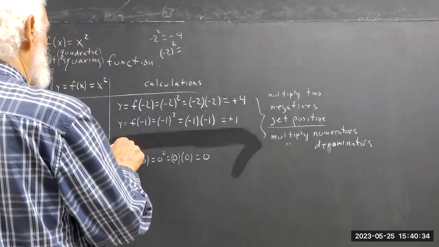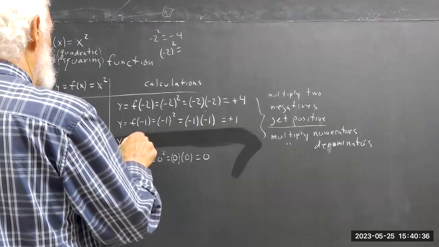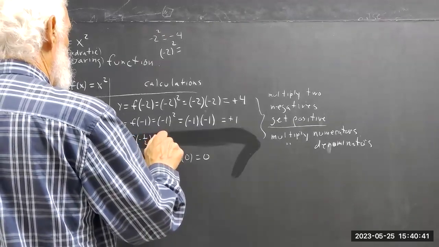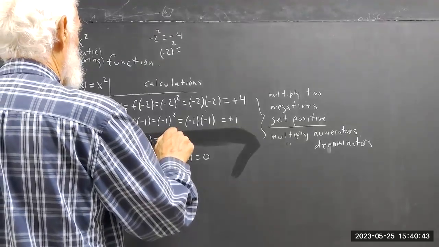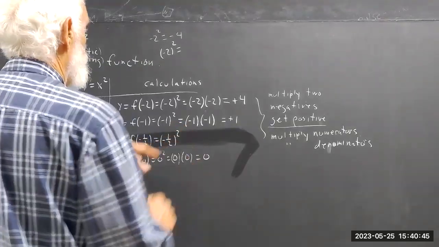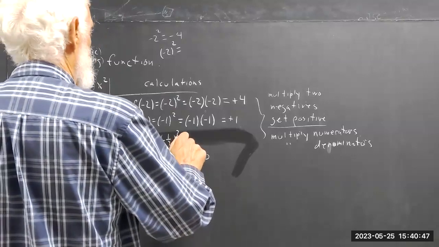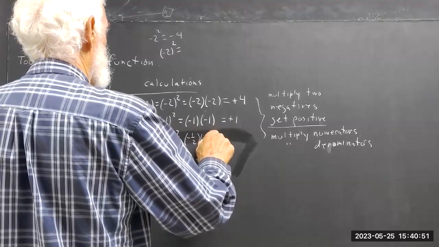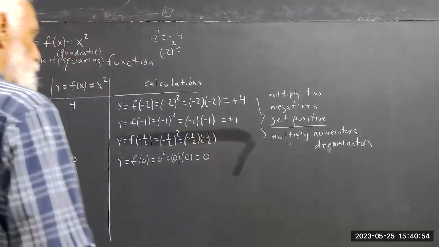We're going to get y equals f of -1/2. By the definition, it's -1/2 squared, and I didn't write that. And that's -1/2 times -1/2.